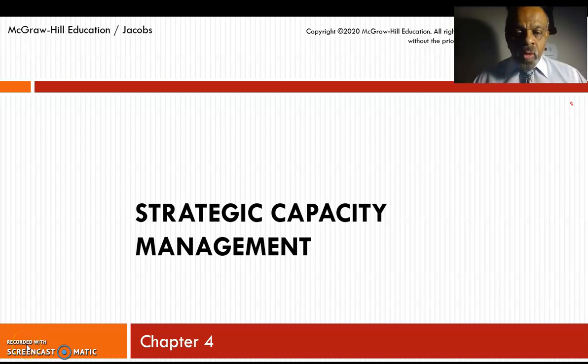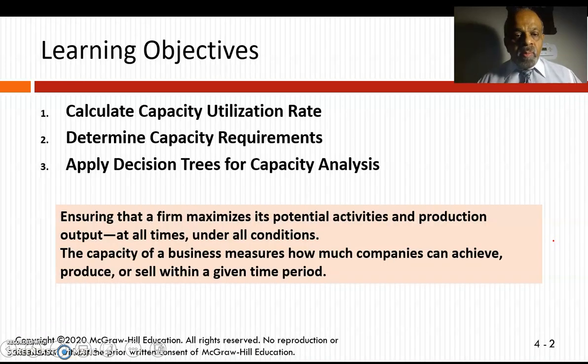Welcome to Chapter 4. We're going to be talking about strategic capacity management in this class. Strategic capacity management is basically looking at capacity and making sure that the company has all the resources for planned demands.